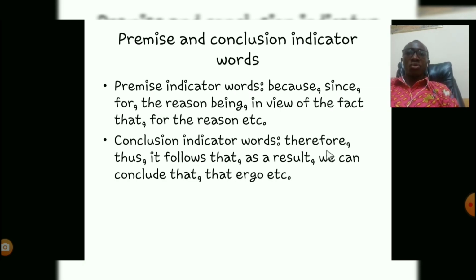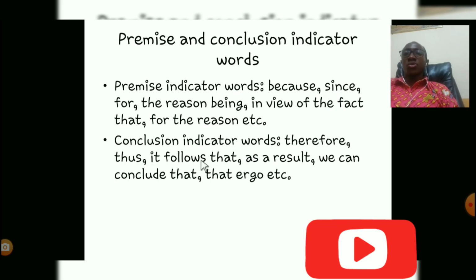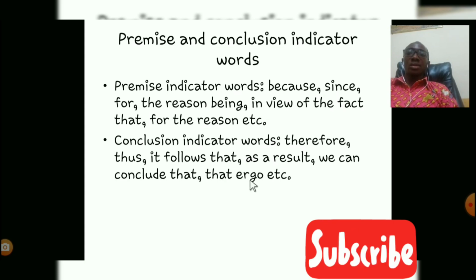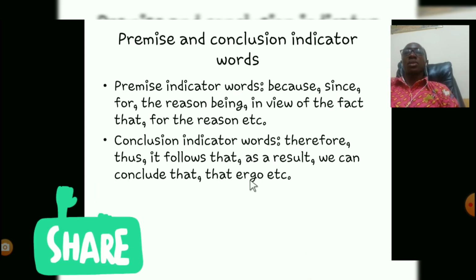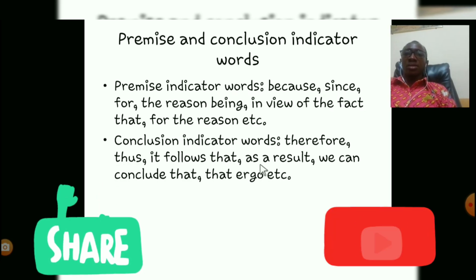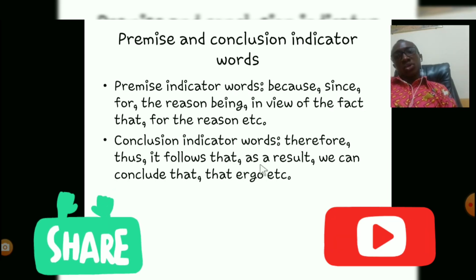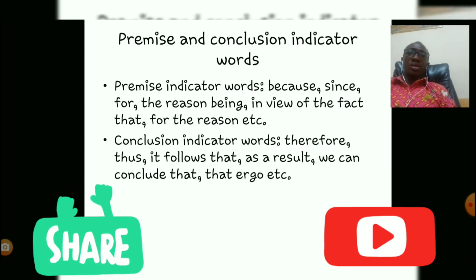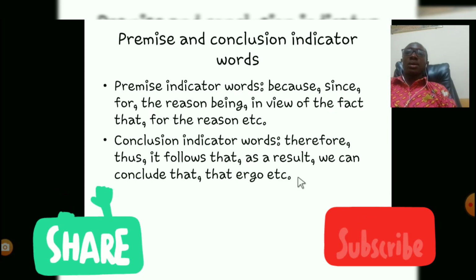We have therefore, thus, it follows that, as a result, we can conclude that, ergo, which means therefore. So with the conclusion words, their names suggest that you are going to make a conclusion. So there are lots of words like that. Try to read more on them and know which word signals a premise and which word signals a conclusion.